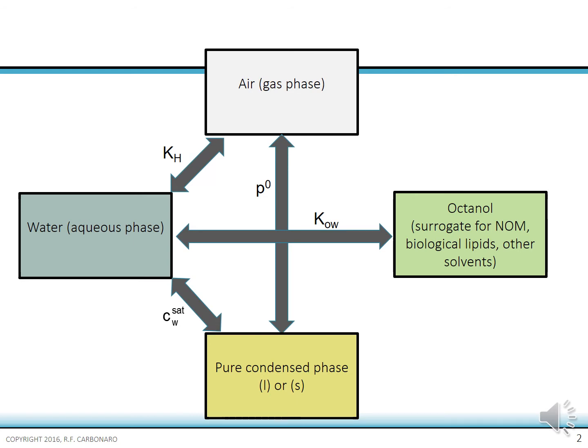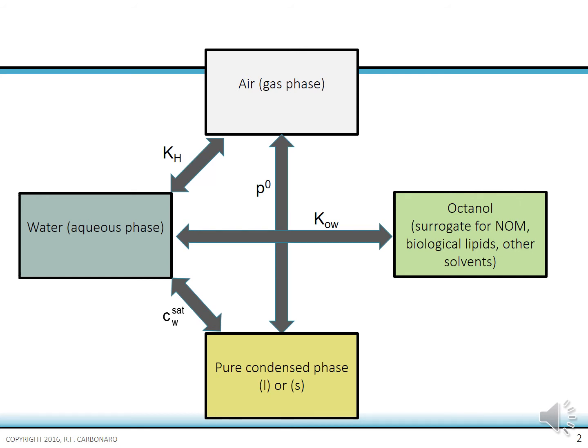And you might be wondering, why are we putting octanol on this slide? There's not a lot of octanol out in the environment, certainly not enough to constitute a new separate phase where chemicals can partition into.